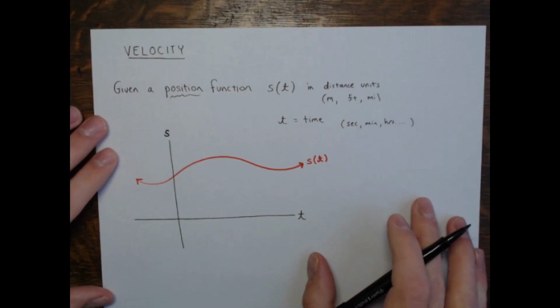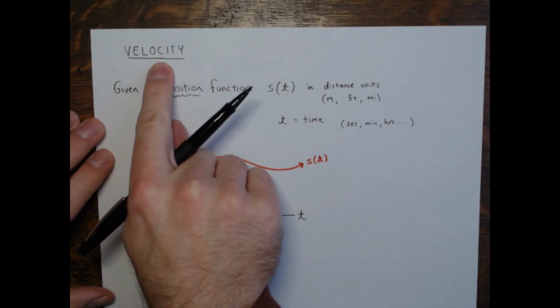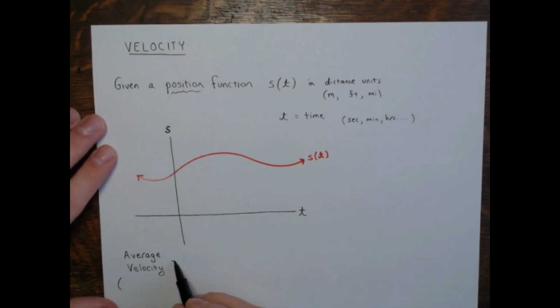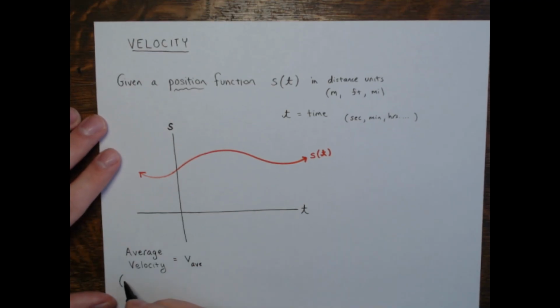Now, velocity. There's a difference between average velocity and this instantaneous velocity that they're asking about. So average velocity, I'm going to call it V for velocity with AVE as a subscript for average.